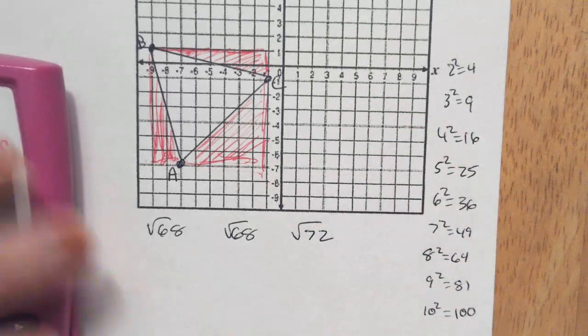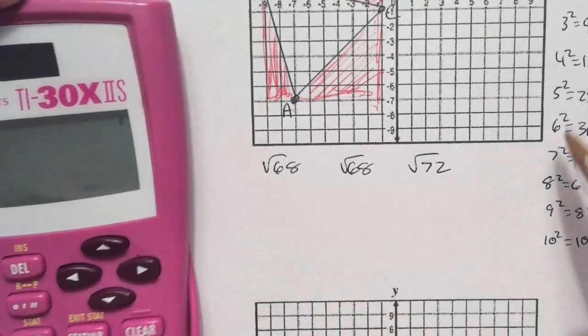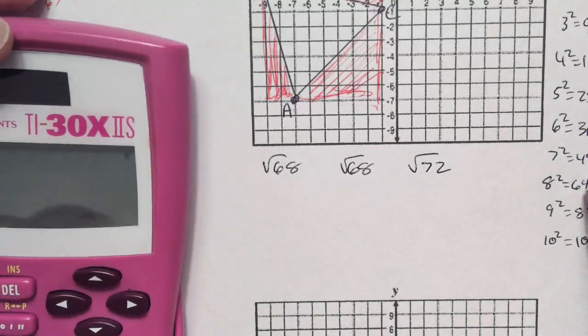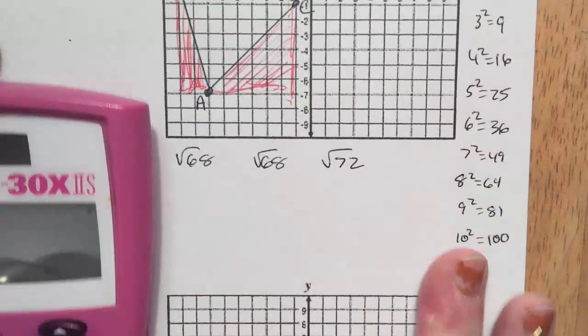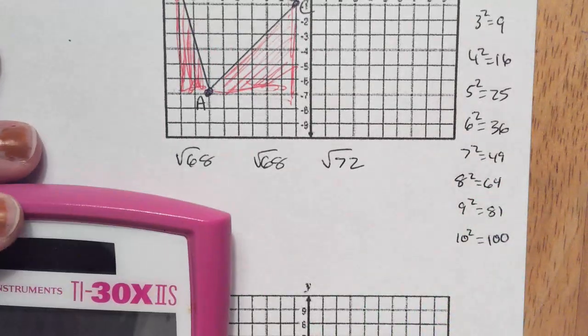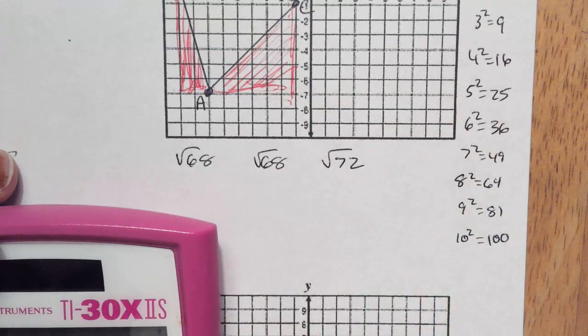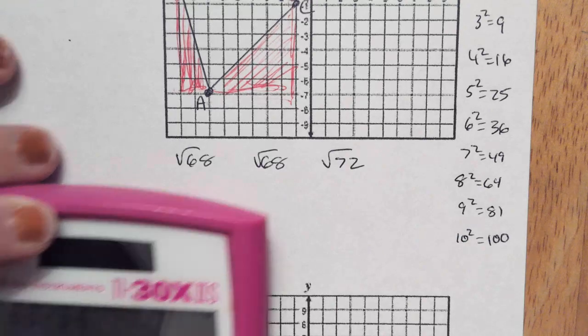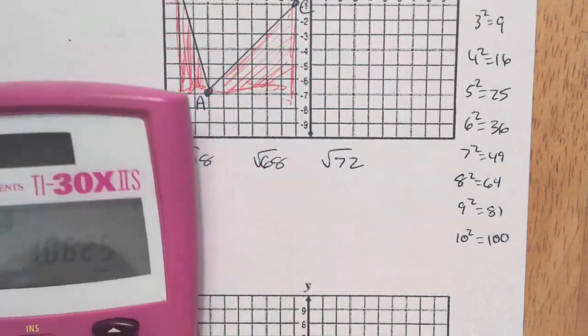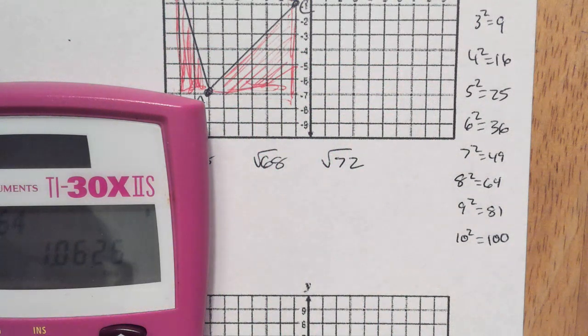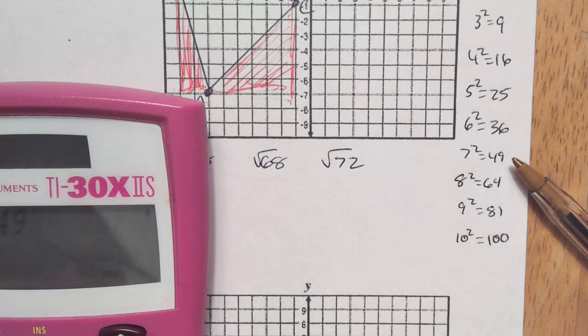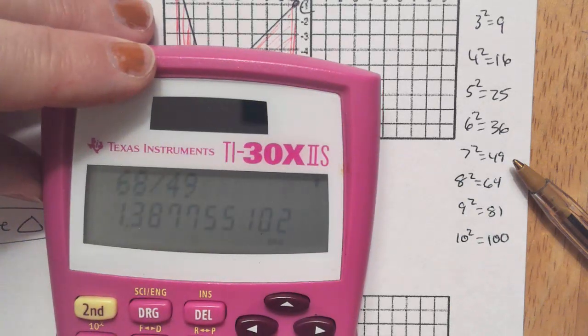So I would try to take out 64 because that's the biggest number without going over, right? So 68 divided by 64, that's not a pretty number. Okay, if I try 68 divided by 49, that's not a pretty number.